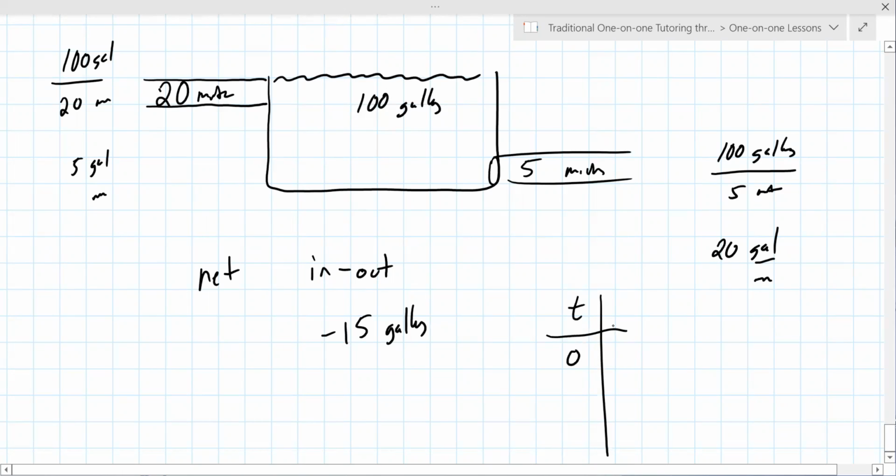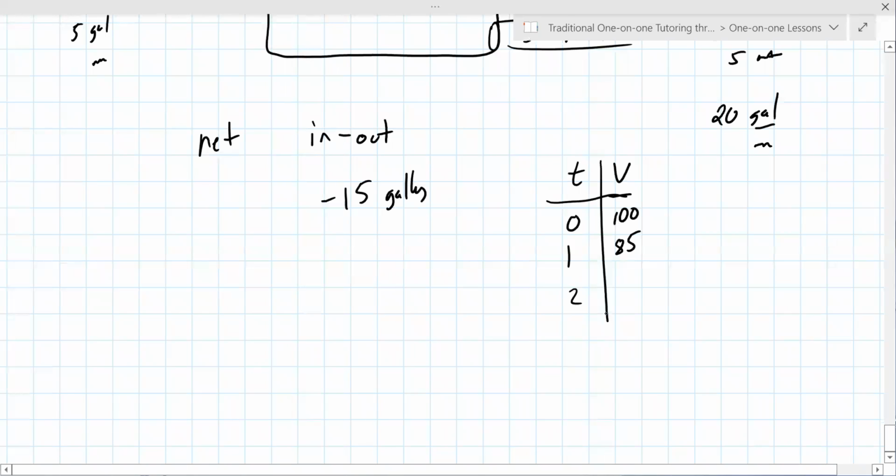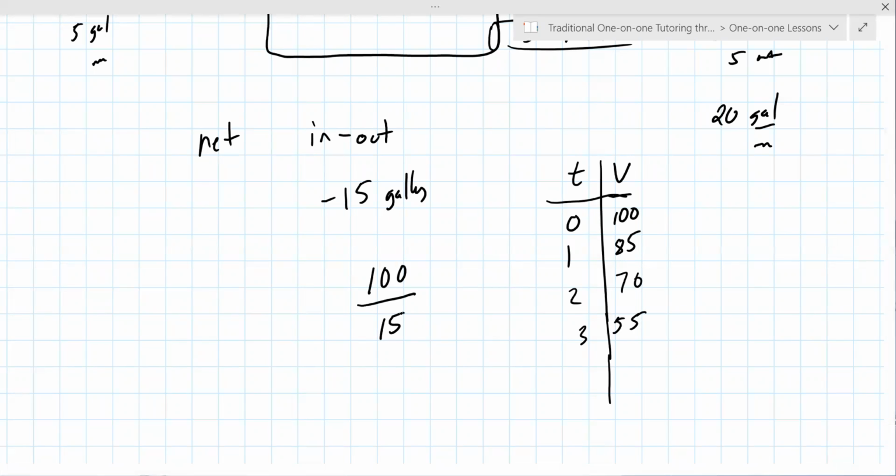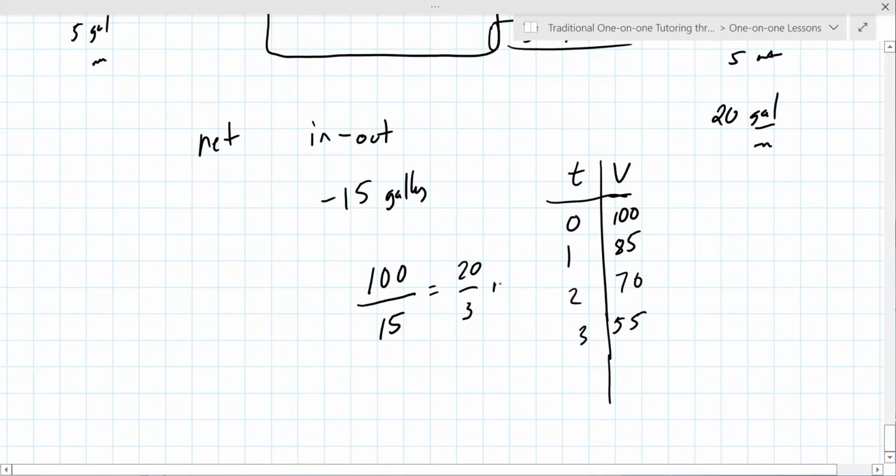At time 0, there's 100 gallons, but 1 minute later, there's 85. 2 minutes later, there's 70. 3 minutes later, there's 55, and so on. So the answer is 100 divided by 15, and whatever that is, 20 over 3 minutes.